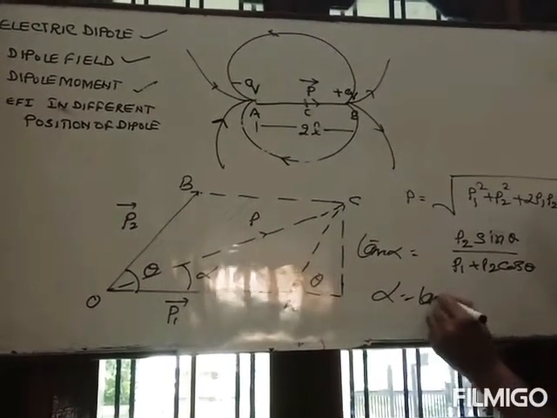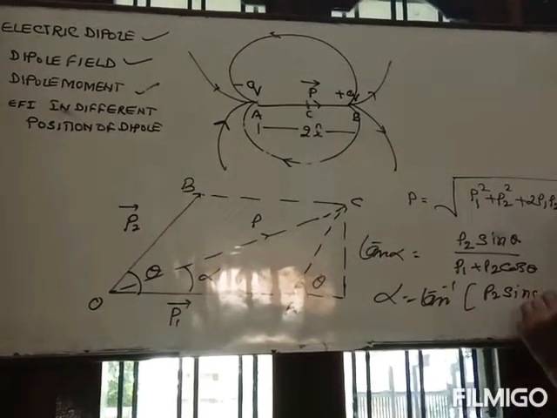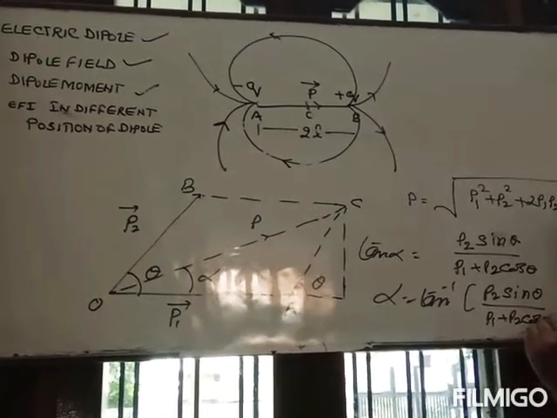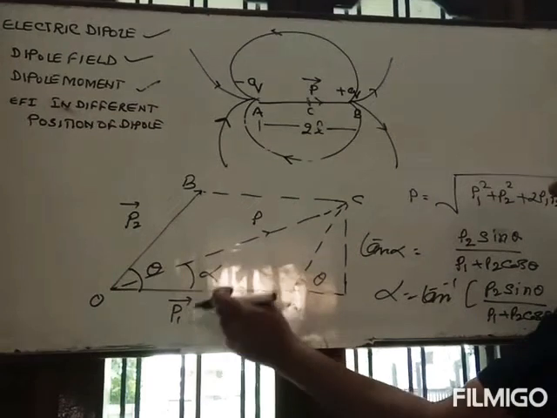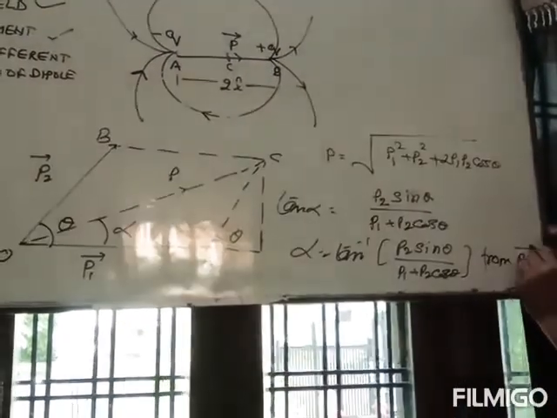So alpha is equal to tan inverse of P2 sin theta upon P1 plus P2 cos theta, and this alpha is measured from the direction of the first dipole.